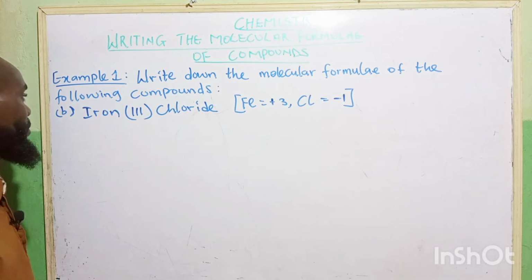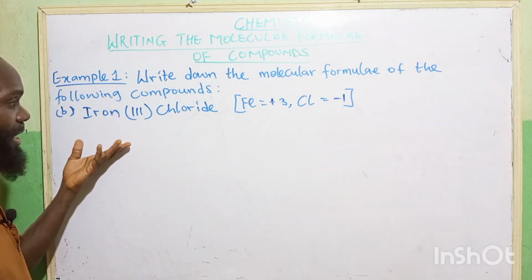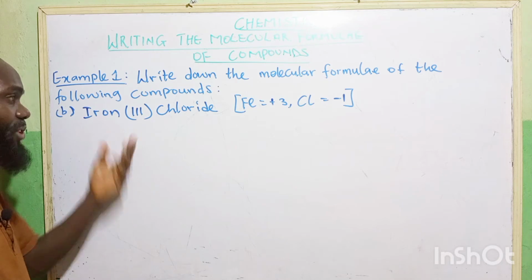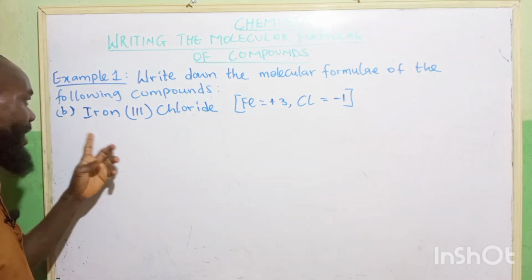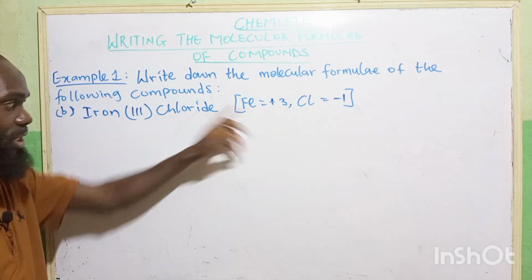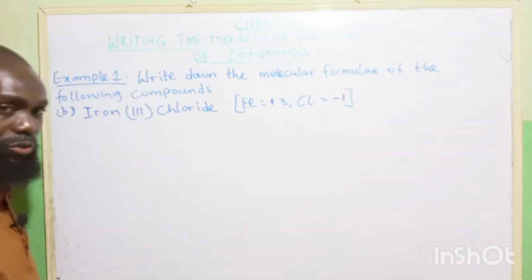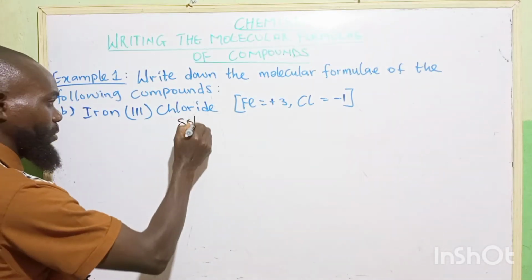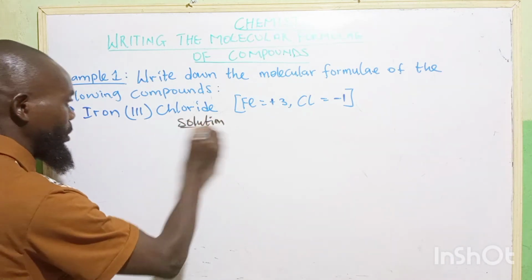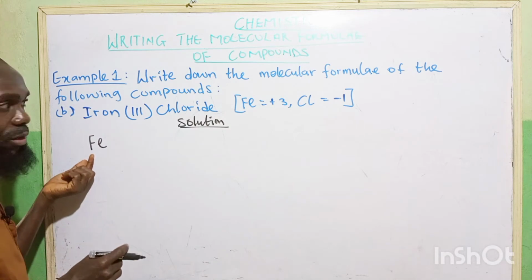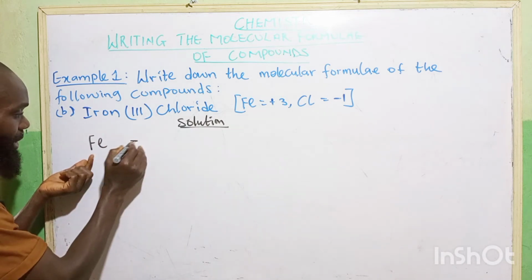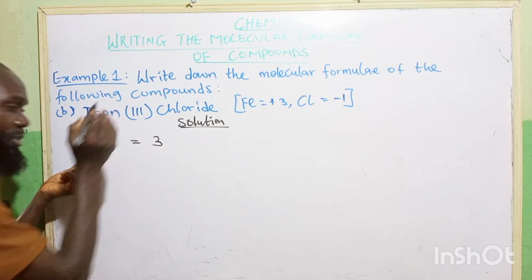Next question. Want to write the chemical formula for iron 3 chloride. Iron 3 chloride. Iron has the charge of +3, chlorine has -1. Now, solution. We have iron is Fe, that is the chemical symbol of iron, Fe. So the charge on it is 3.